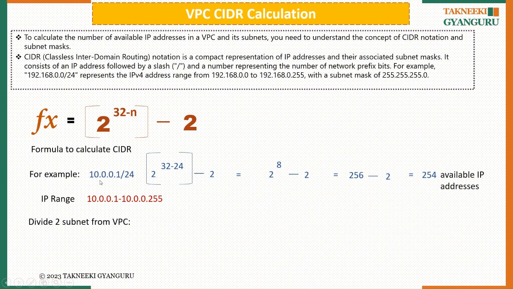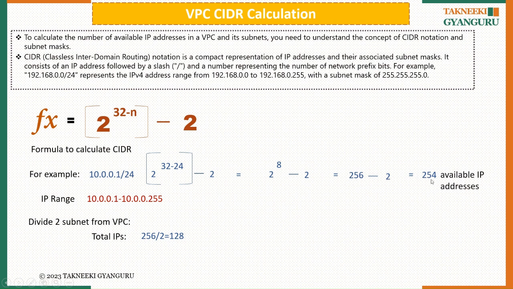Now let's understand how we can create subnets from this VPC. Suppose this is the VPC CIDR. Now we want to create two subnets from here. First of all, we divide the VPC into two subnets. The total IP addresses are 256.